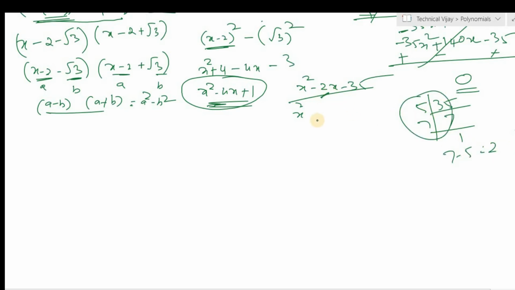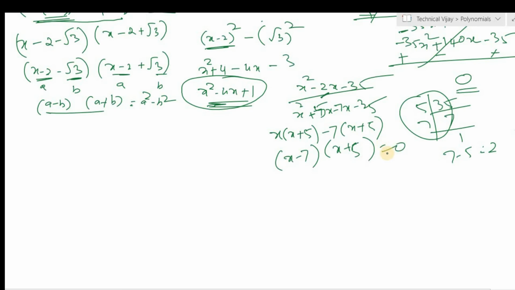So the middle term we will write as x square plus 5x minus 7x minus 35. Then x into x plus 5 minus 7 into x plus 5. 7 times 5 is 35. So x minus 7 is one factor, x plus 5 is another factor. Equated to 0, x is equal to 7 and x is equal to minus 5. So the other two zeros are 7 and minus 5.